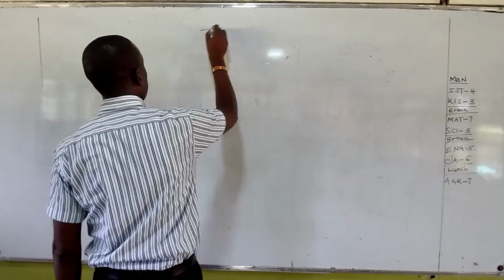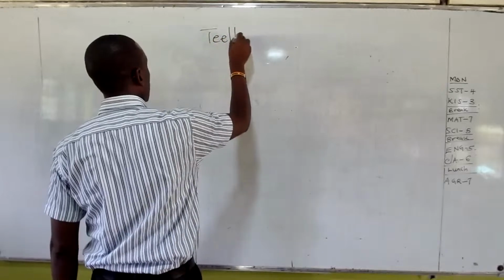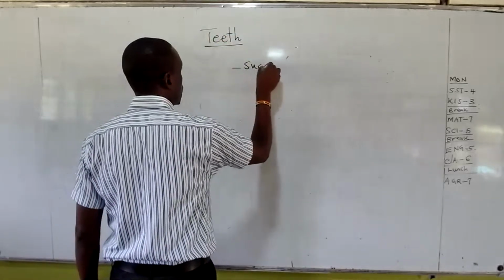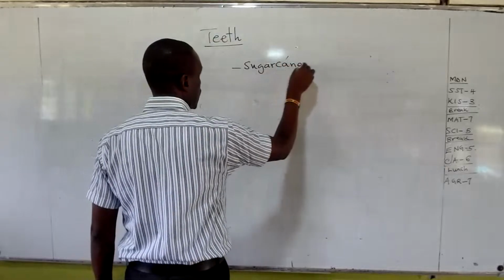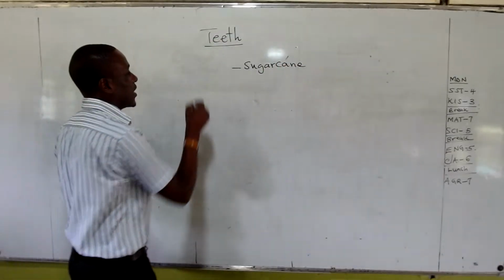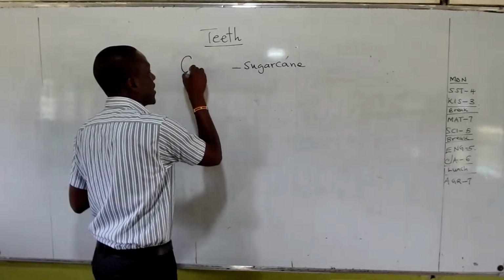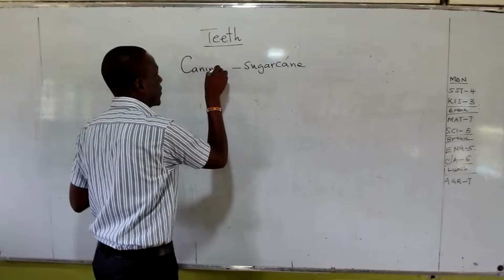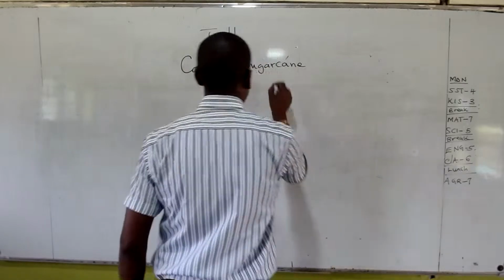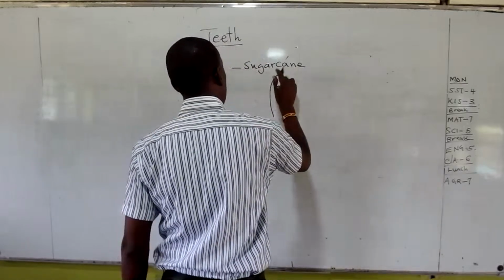Sugar cane. Which tooth goes in line with sugar cane? Which one is used for tearing? Sugar cane. The one that tears sugar cane is the canine.